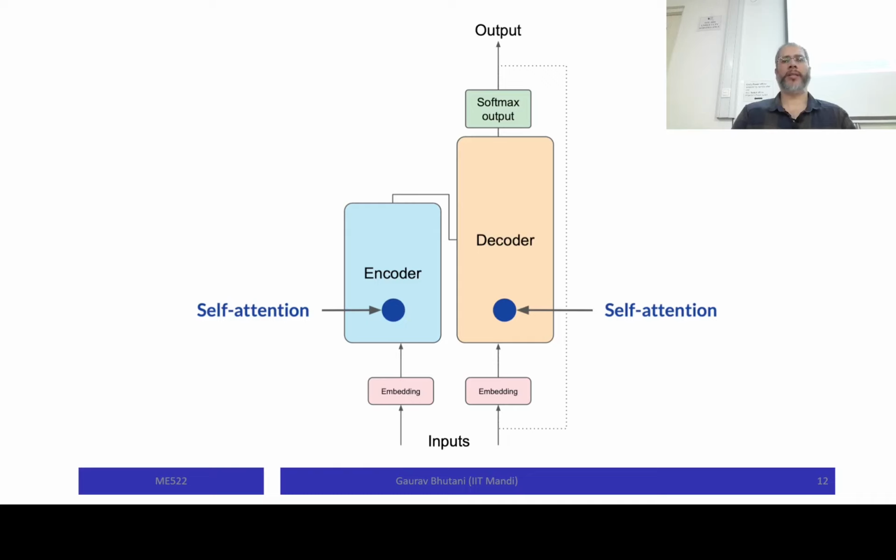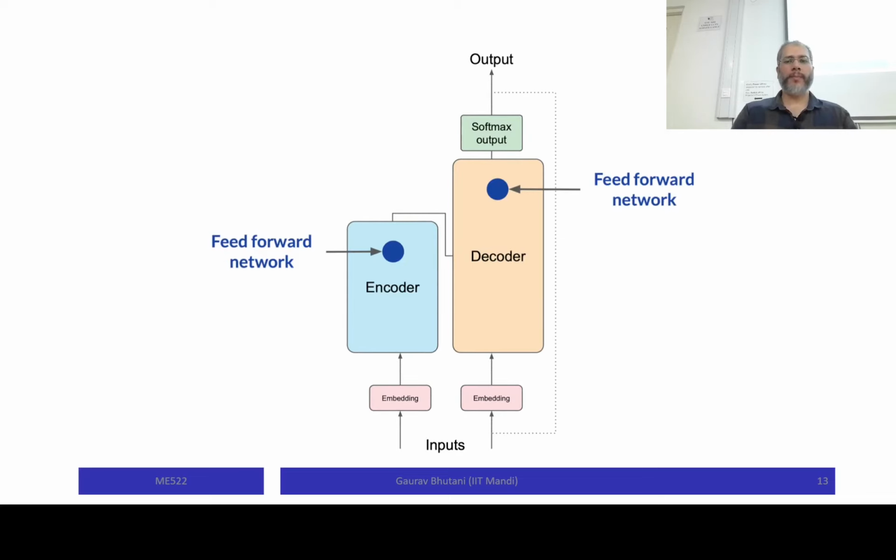There are two networks, a self attention network and a feed forward network. You can think of this as one neural network and then another one. The self attention network has most of the parameters, most of the neurons in it, so most of the weights that you have to train are here. Then there is a feed forward network, which is another network.